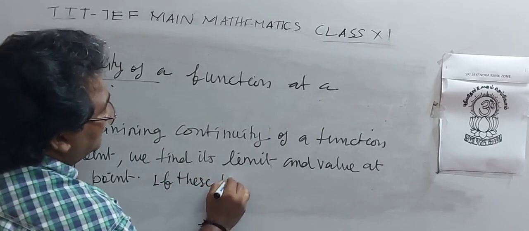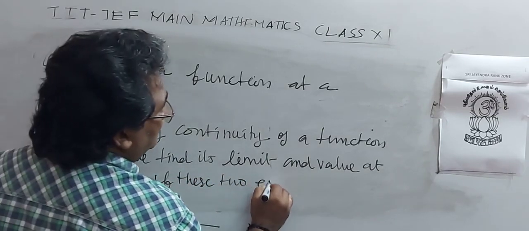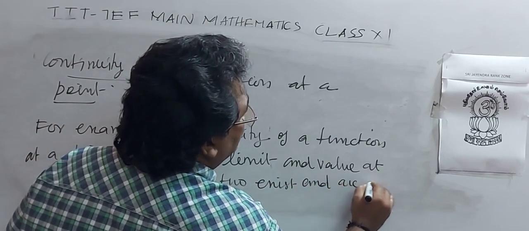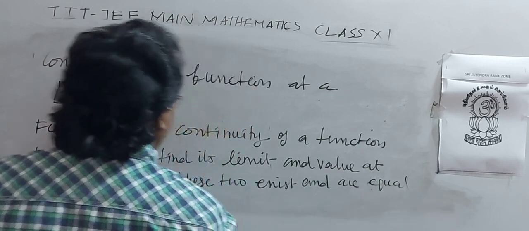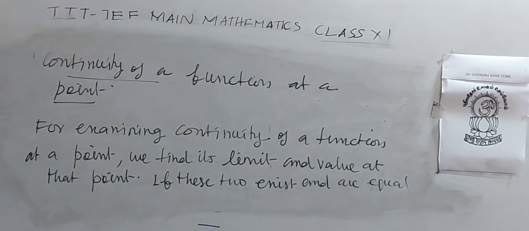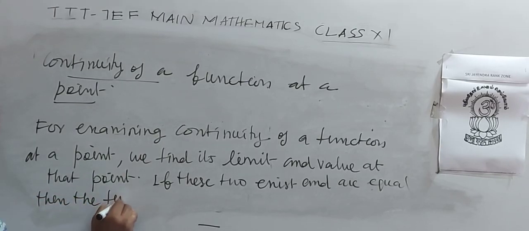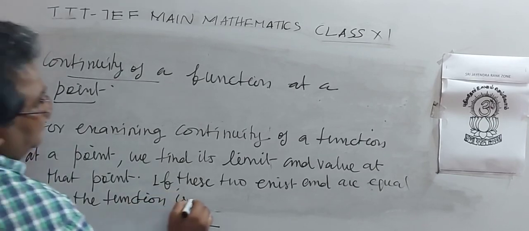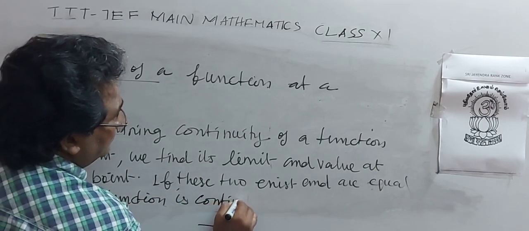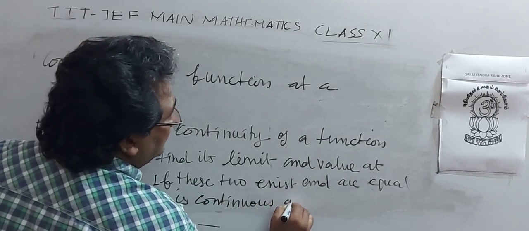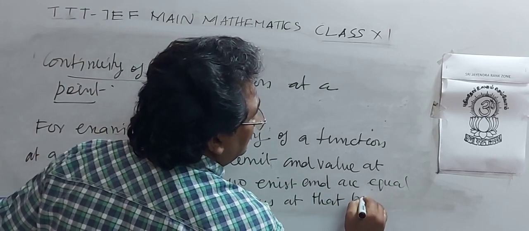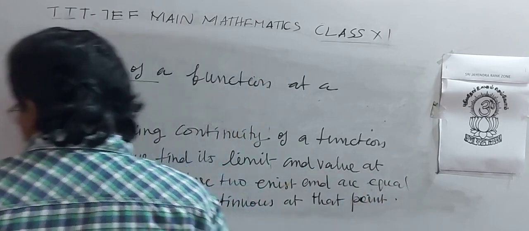If these two exist and are equal, then the function is continuous at that point.